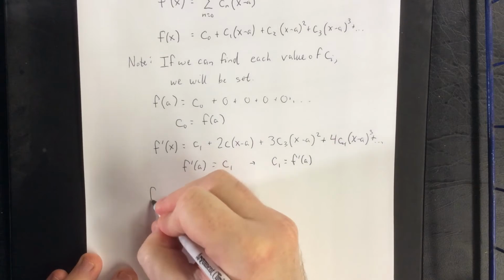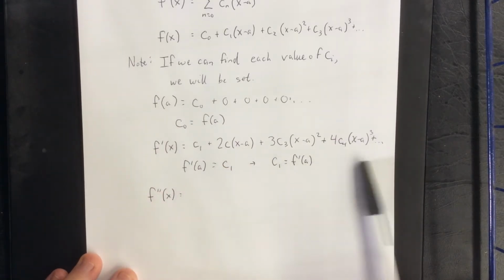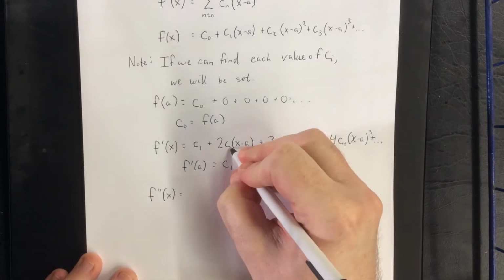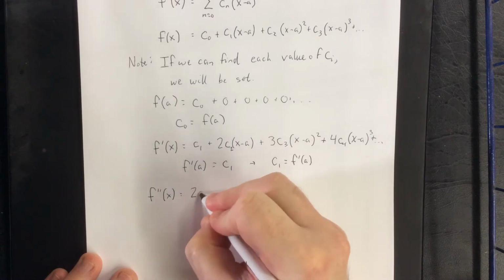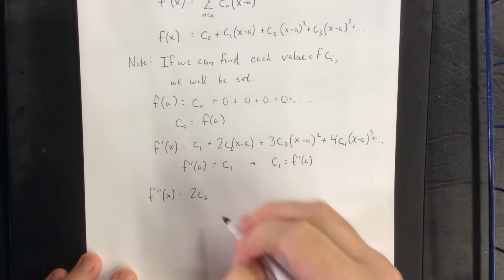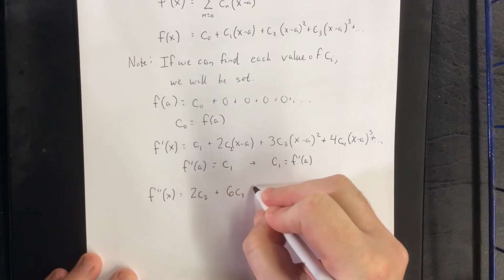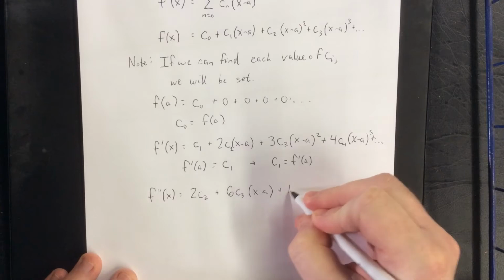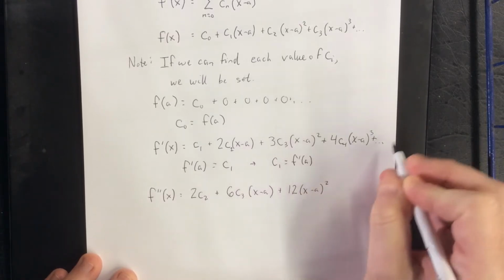If I take a second derivative, once again I can go ahead using the power rule on each of these terms. What was the constant term will go away. You should see a 2 there. The linear term will become the constant term. With a second power rule, that'll be 6 times c3 times x minus a to the first power. This one will become 12 times c4 times x minus a quantity squared.